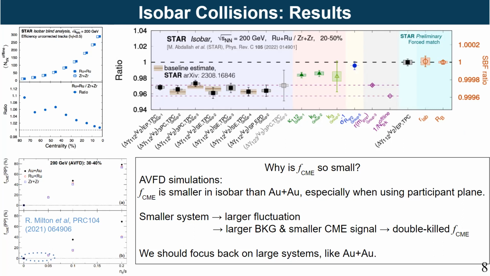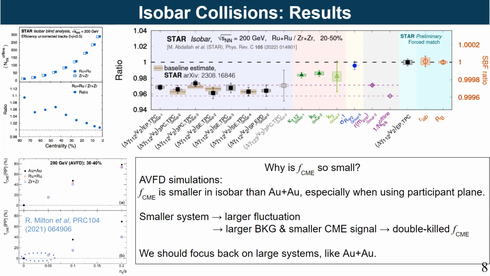So when we look at the reaction plane for gold, because the previous projection was based on gold, we didn't have isobar when we proposed isobar. If you look at the black point in gold, it corresponds to a much lower fraction for isobar if you use participant plane. So there are two factors.